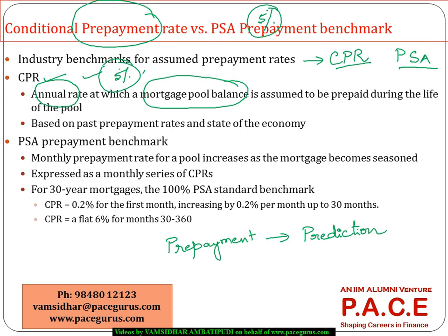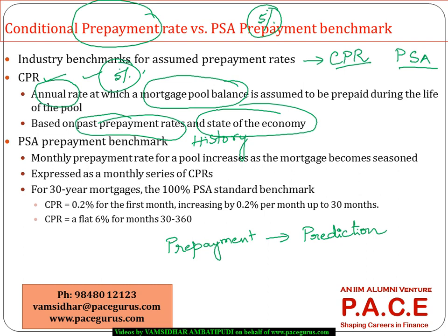The decision of this CPR is purely based on historical prepayment data, as well as the current state of the economy. We have discussed earlier that when the economy is booming heavily, there is a possibility of interest rates increasing.